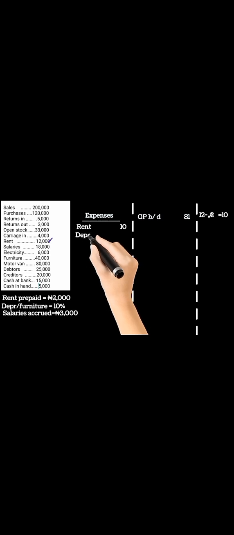The next one is salary. Do not forget at the information section there's a salary. We treat depreciation first. Depreciation is 10% of furniture, and 10% of furniture is 0.1 times 40,000, which will give you 4,000.